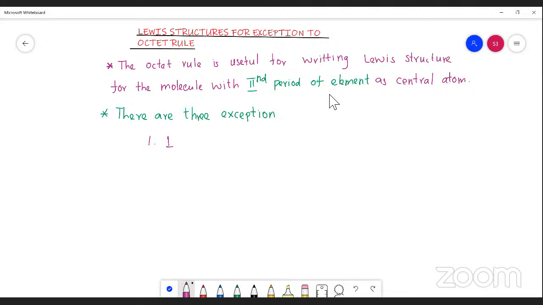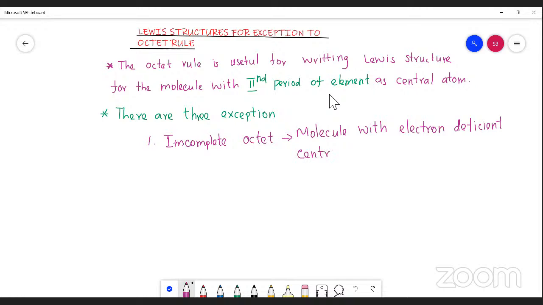The first one is the incomplete octet. What is that? Incomplete octet is nothing but a molecule with an electron deficient central atom, that is, less than 8 electrons.